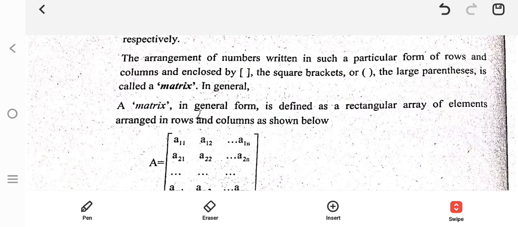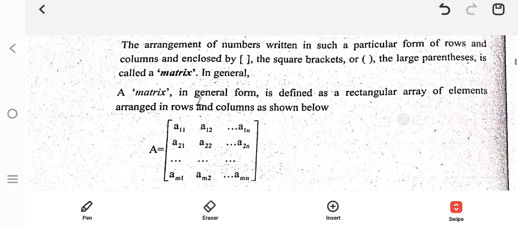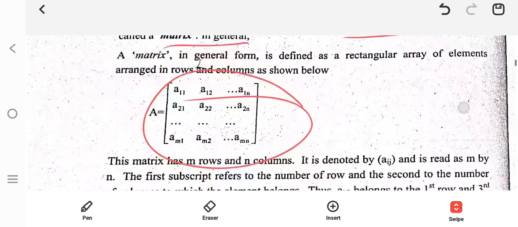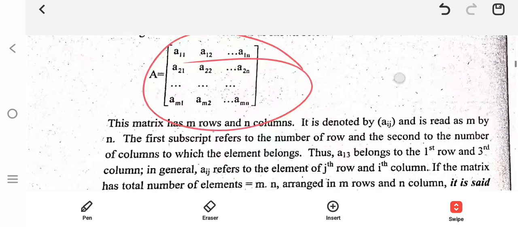So the arrangement of numbers written in such a particular form of rows and columns and enclosed by square brackets or large parentheses is called a matrix. In general, the matrix form arranged in rows and columns is shown below, right?